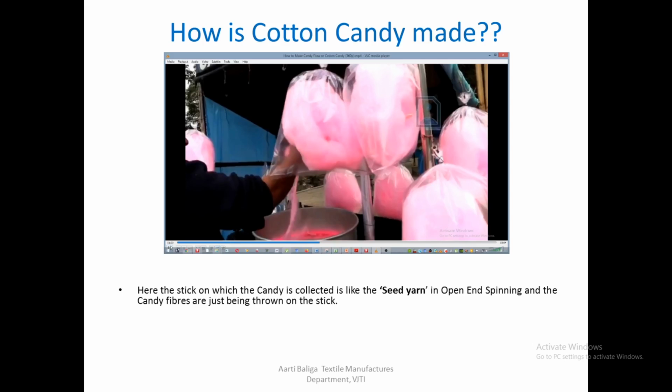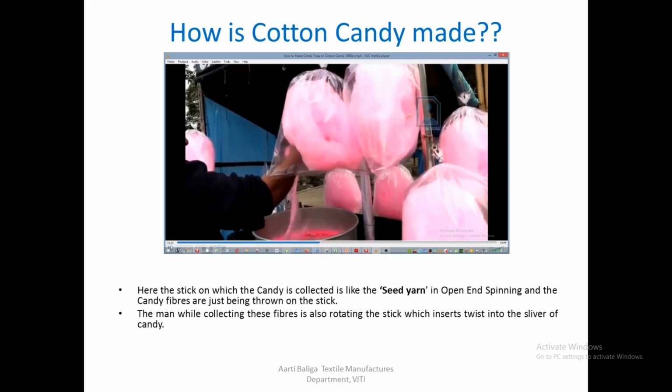The candy fibers are being thrown onto this stick, and the man is collecting these sugar fibers onto this rotating stick.